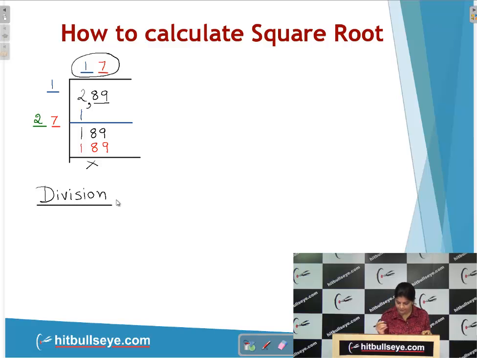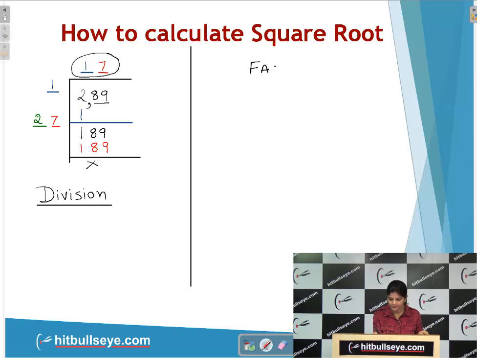Now let us now go to the second method, that is called the factorization method. Now, using this factors method, first of all, we need to find the prime factors of a number whose square root we want to evaluate.